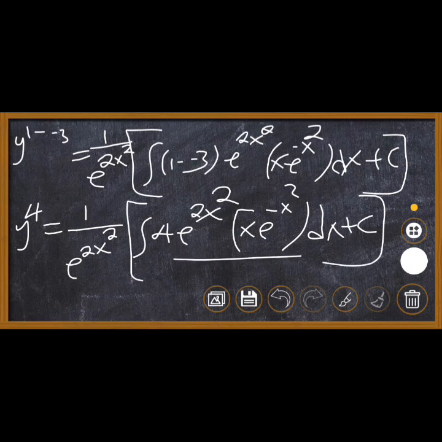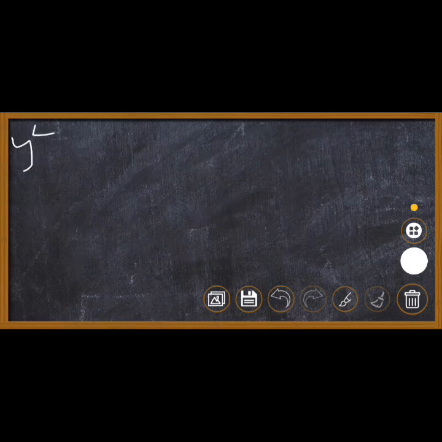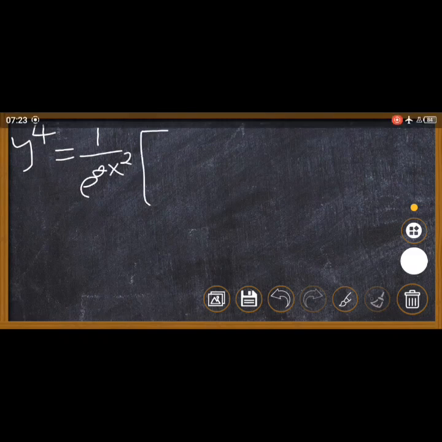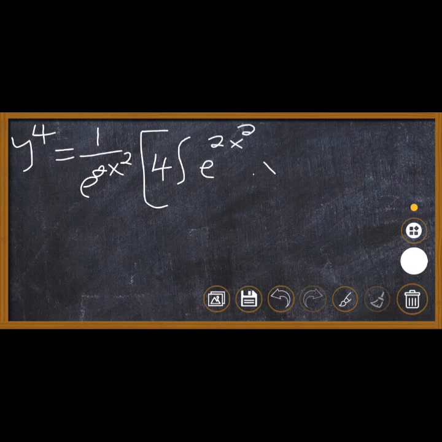We know that 4 here has to come outside the integral, so that we have y raised to power 4 equal to 1 over e power 2x squared, then 4 outside the brackets here. Then here we have e power 2x squared, and then x e power negative x squared, then dx plus constant value c.